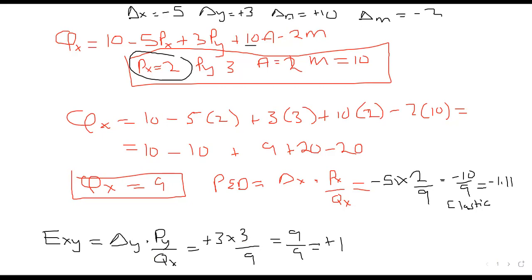It's still elastic. Less than... There's a word I'm looking for. Unit elastic. Not really. It's unit if it's price elasticity of demand, but for cross price, there are only two words.